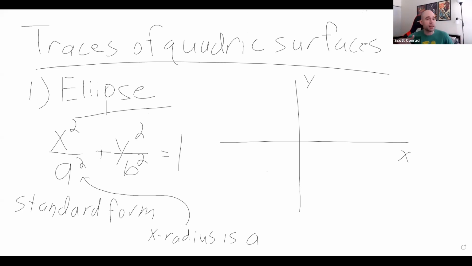So the a squared in the bottom tells you how far in the x direction your ellipse is going, right? Your x radius. So we go a to negative a in the x direction. And the b squared, which is dividing y squared, tells us the y radius.